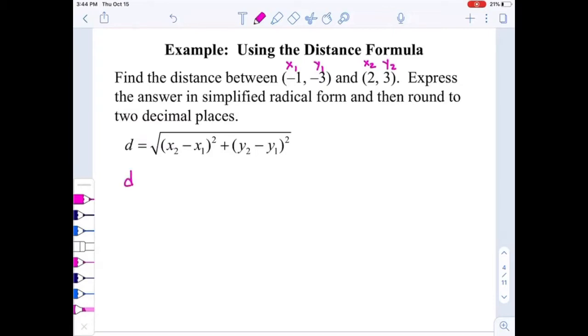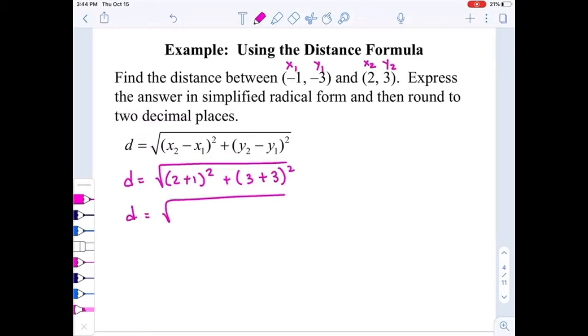So our distance is going to equal the square root of, I'm going to take my x2 value of 2, minus a -1, which means we would add 1, then we'll square that, plus our y2, which is 3, minus our y1, minus a negative means we have a plus 3, and we have a squared. So we have the square root of 2 plus 1 is 3, so we have 3 squared plus 3 gives us 6 squared.